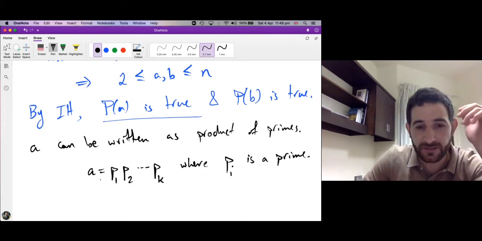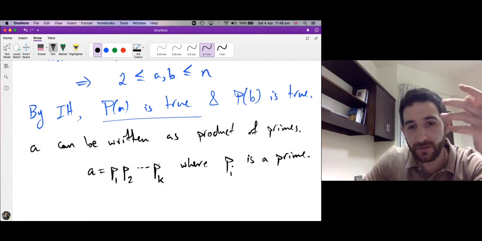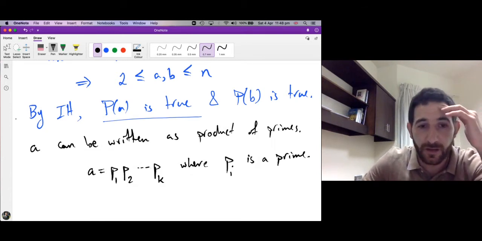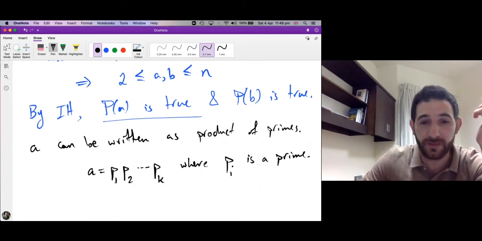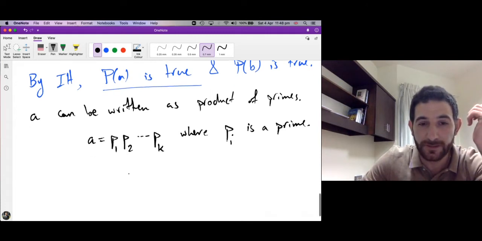For example, a is equal to 3 times 7 times 13. Okay, this is the meaning that P of a is true, that a can be written as a product of primes.